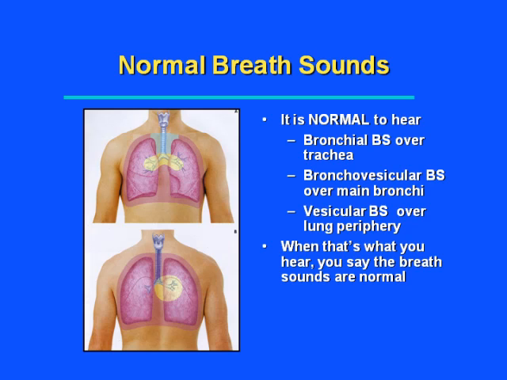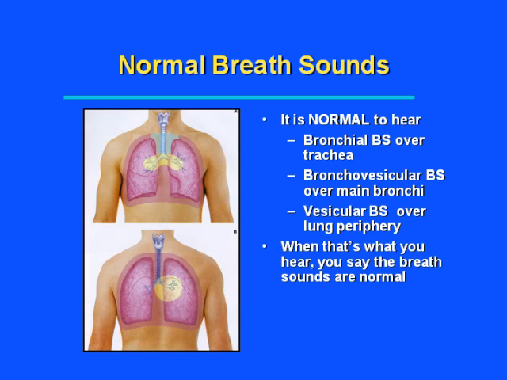So we go back and emphasize the normal breath sounds. This diagram, these 2 pictures, show an anterior view of the chest and a posterior view of the chest. Again, trying to show you what's beneath the surface. You only see the surface, but you're connecting what you know about anatomy to where you place your stethoscope.